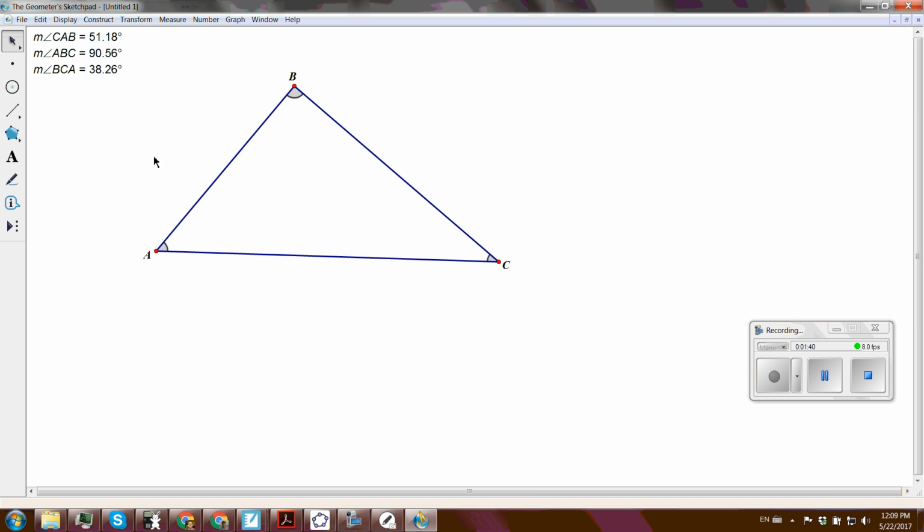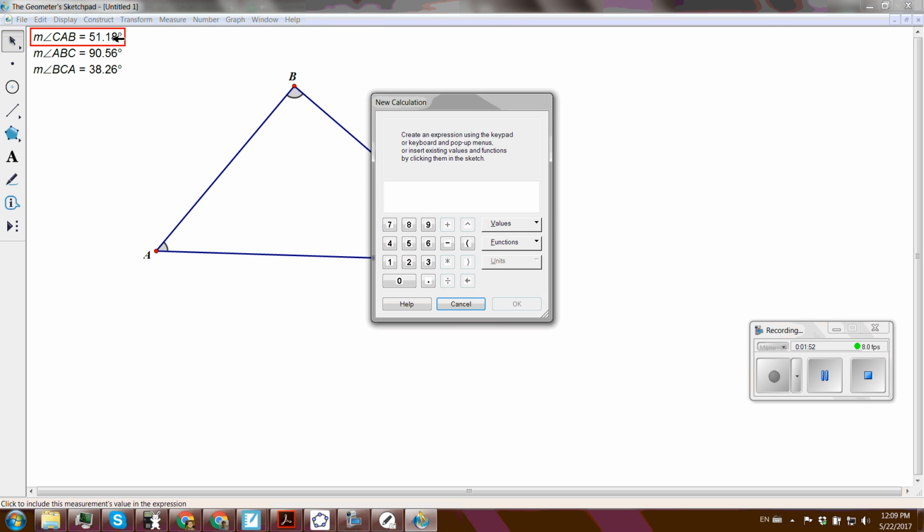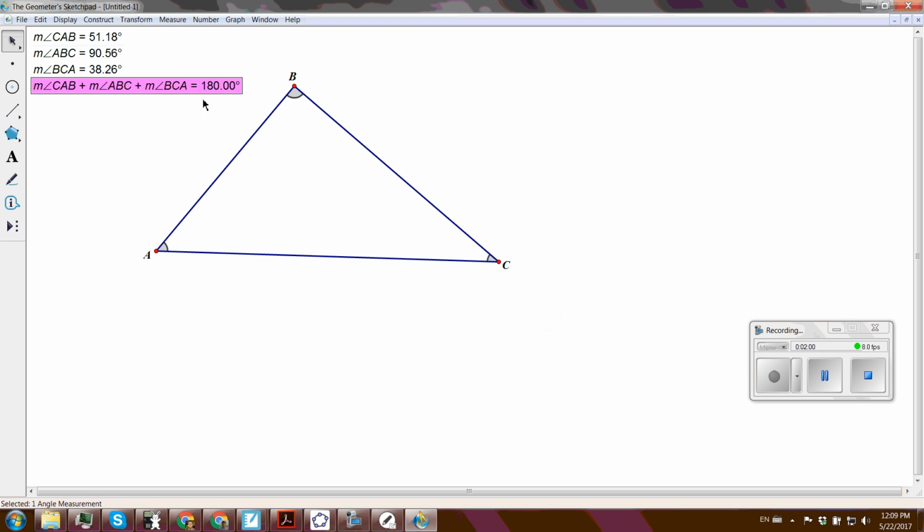Well, I'm curious here. What do those three angles add up to? Let's see. Well, let's calculate it. Calculate this number plus this number plus this number. Look at that.